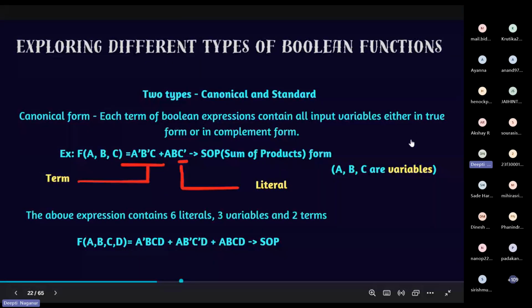Yeah, how many variables, how many literals? Four variables, 12 literals, and three terms. Very good.